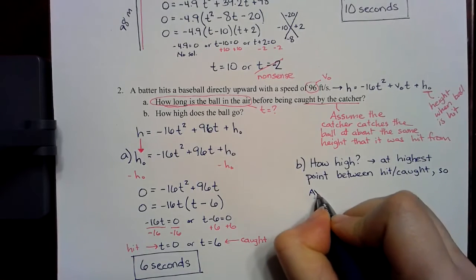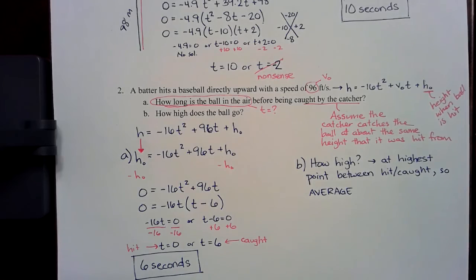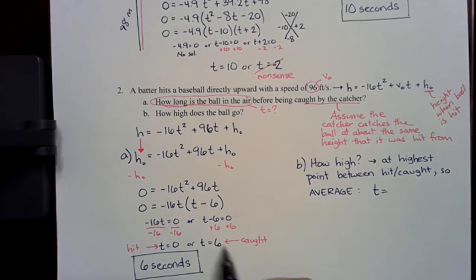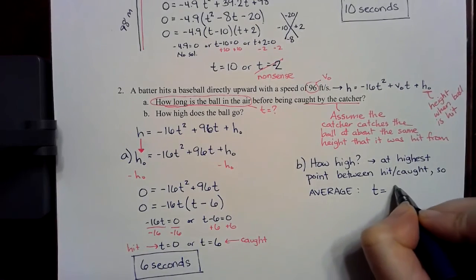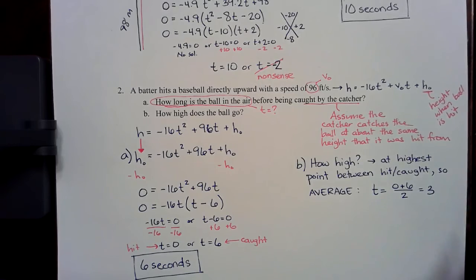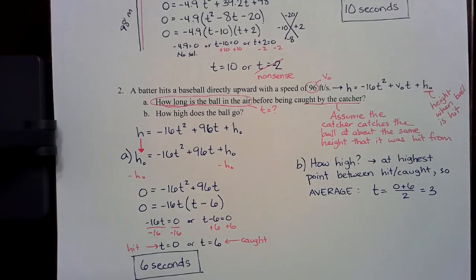So we're looking for the average of those times. My t-value is going to be the average of these two. So right in between 0 seconds and 6 seconds is 3 seconds. So a time of 3 seconds is going to be when it is at its highest height.